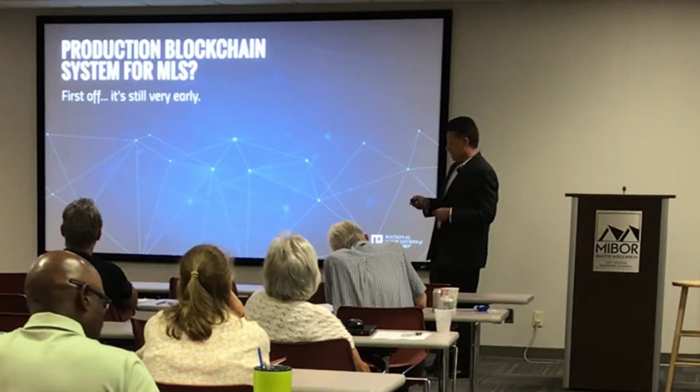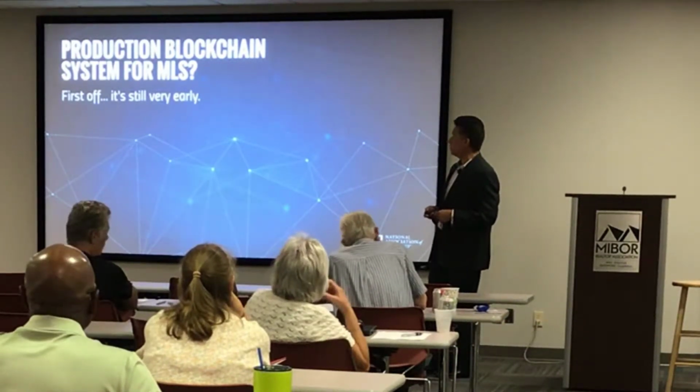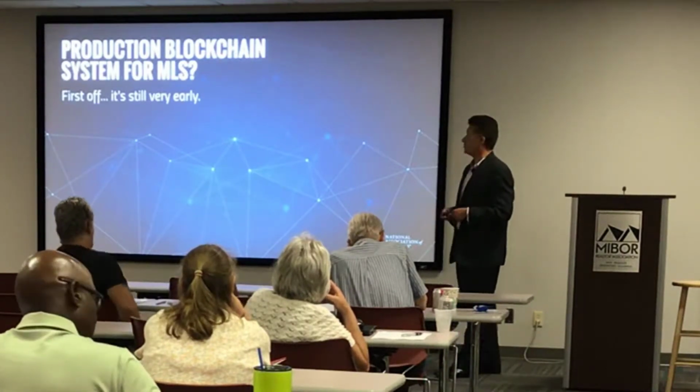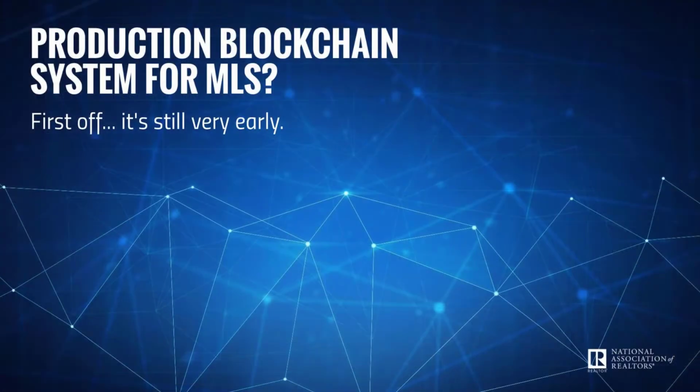Regarding production, I don't foresee us working on a production system yet, because the technology that Hyperledger Fabric, the peers, and all the applications are still at a very early stage.